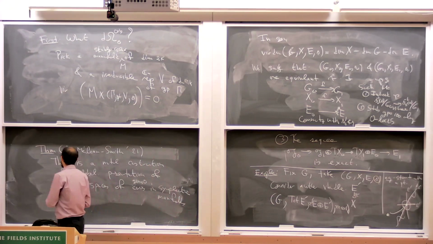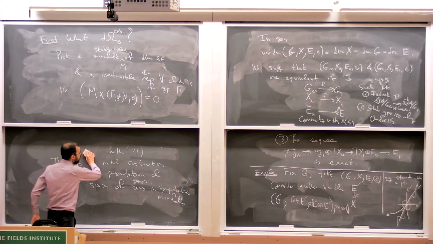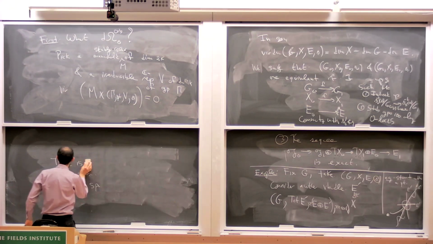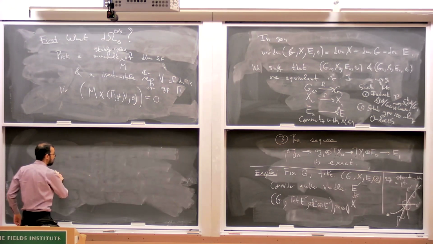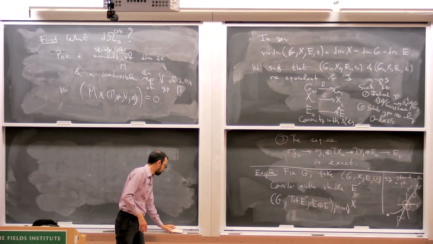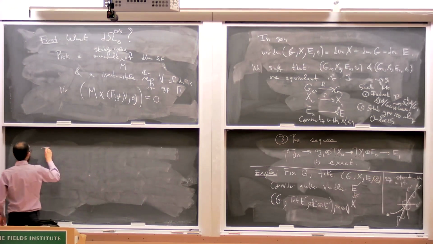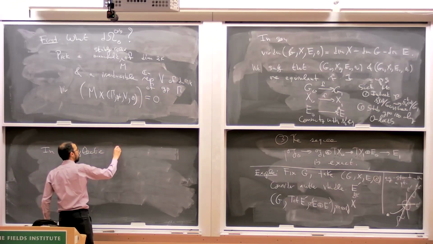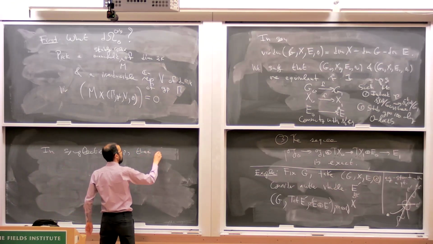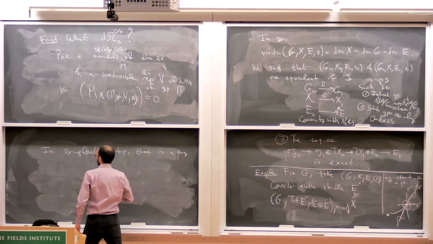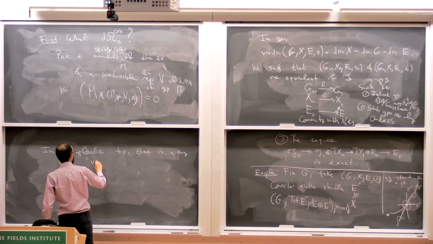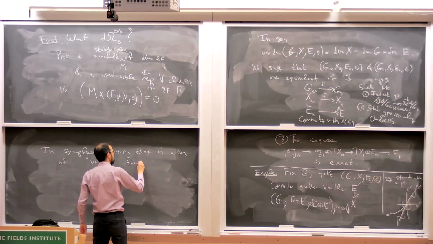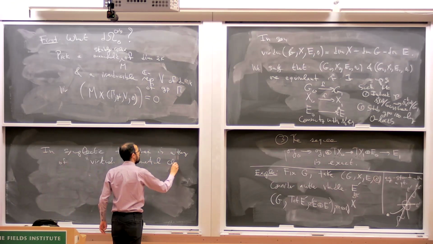Now, what is known about it? Well, the homomorphisms that I mentioned this morning are basically all known to extend. That's the surprising thing. So in symplectic topology, there is a theory of virtual fundamental classes.